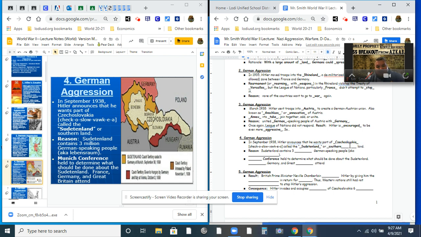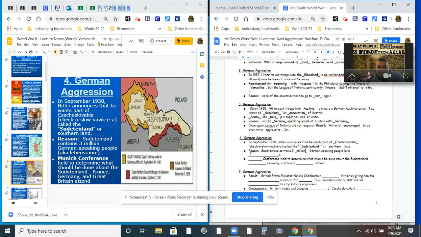We need to unite. It's really only Southern from a German perspective. So they have 3 million German speaking people. And basically, Lebensraum is invoked to take it over.